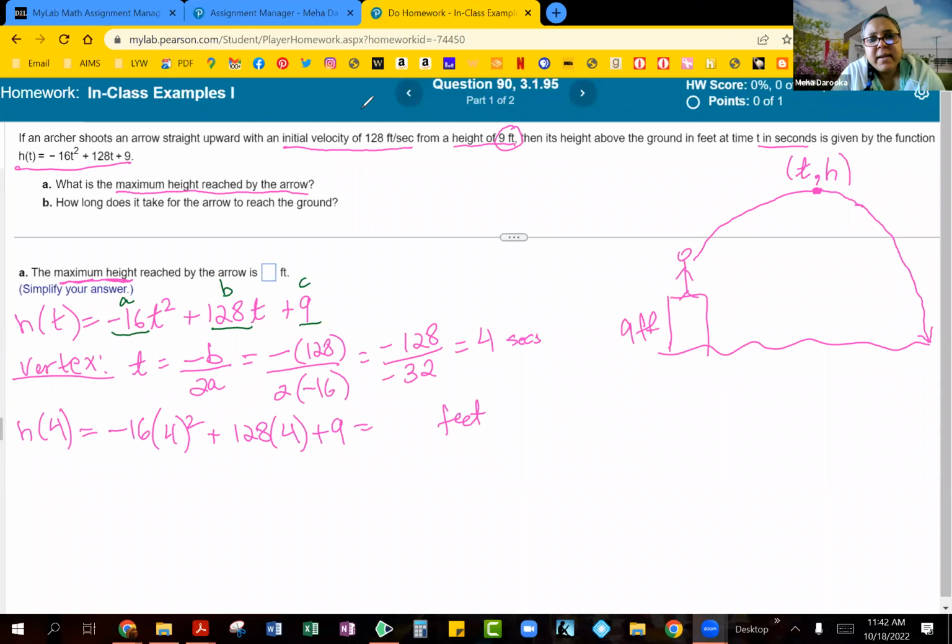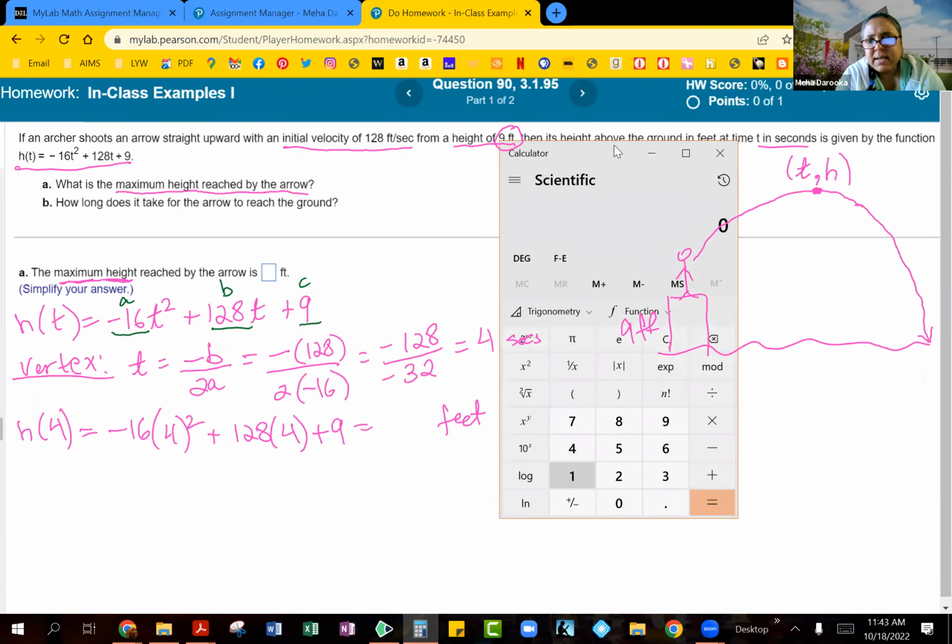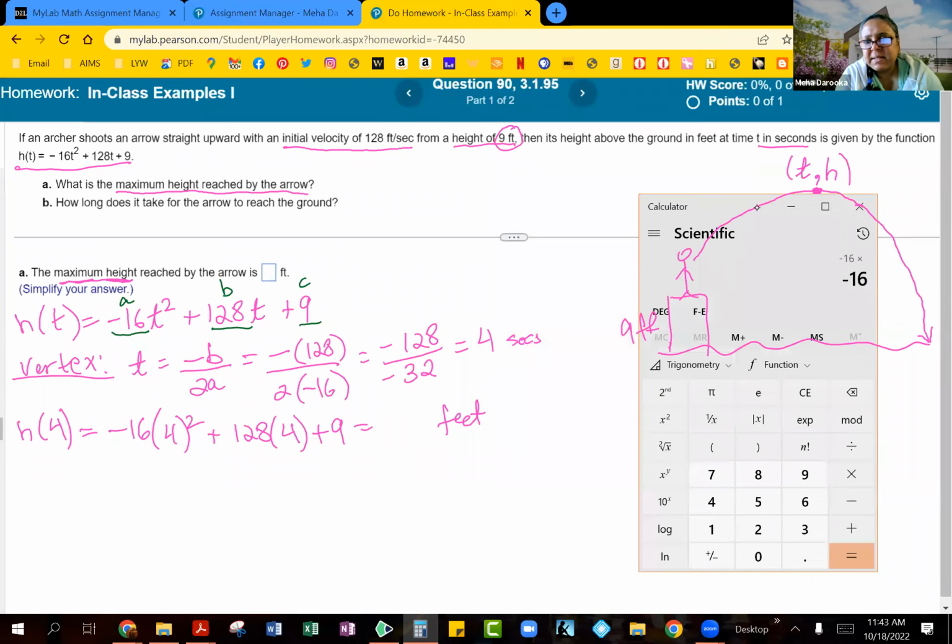All right, looks like I've got Jimena and Della. Hey, Maria, you've got a larger answer than what I did. Let me plug this in here. You've got negative 16 multiplied by 4 squared, which gives us negative 256.